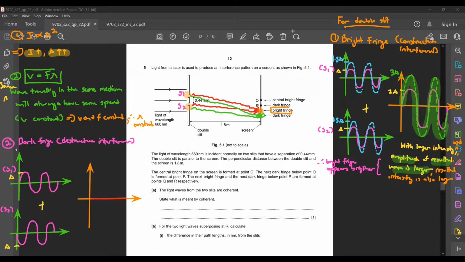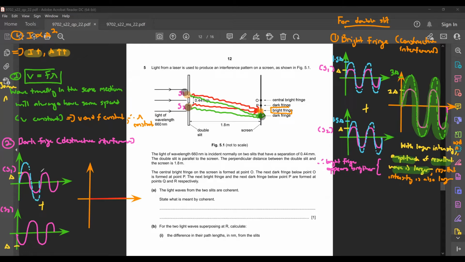Now, in the event that you use an even larger intensity for the light, the waves from S1 and S2 will still travel to this point where you have your dark fringe, but the amplitude is again bigger, just like the case for constructive interference just now. But it actually doesn't make any difference for the end result, because you can see this happening now.